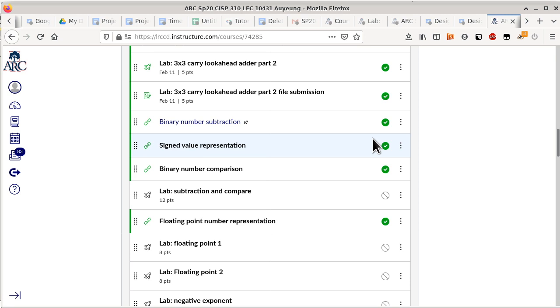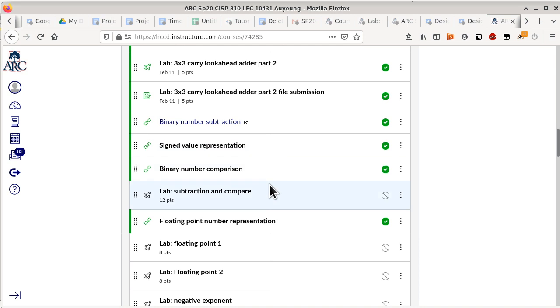So you really want to read ahead of me over the weekend on binary number comparison. It does reuse many of the concepts that we have already talked about, but it also introduces some new concepts along the way. So that's going to be your new thing.